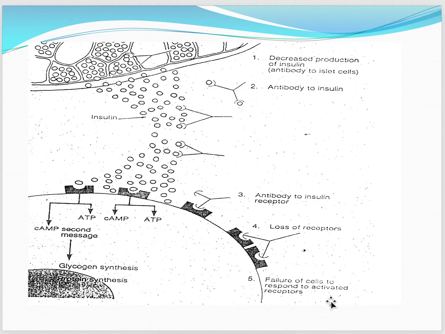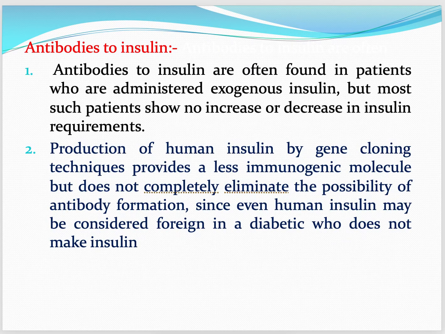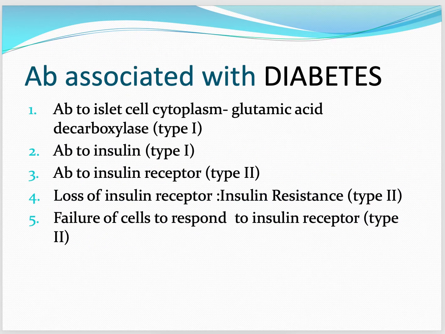Even if insulin binds with the receptor and develops some signals and some response, the cells will not be able to act upon those responses. Again, this will cause type 2 diabetes. Now I'll talk in more detail about these different antibodies.